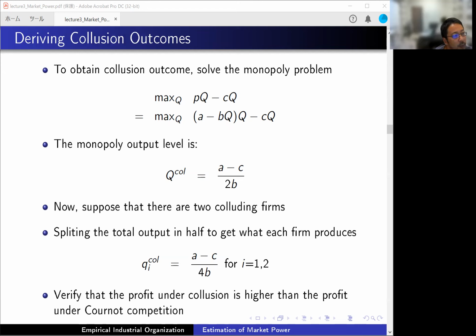Splitting the total output in half gives you how much each firm produces. So just divide the monopoly output by 2. We can see that the collusive level of output is smaller than the Cournot competition level of output. You should verify that the profit of each firm is higher under the collusive level of output than the Cournot competition level of output.